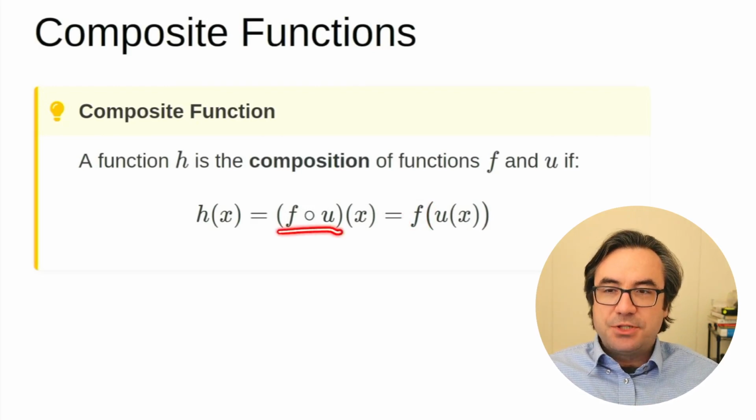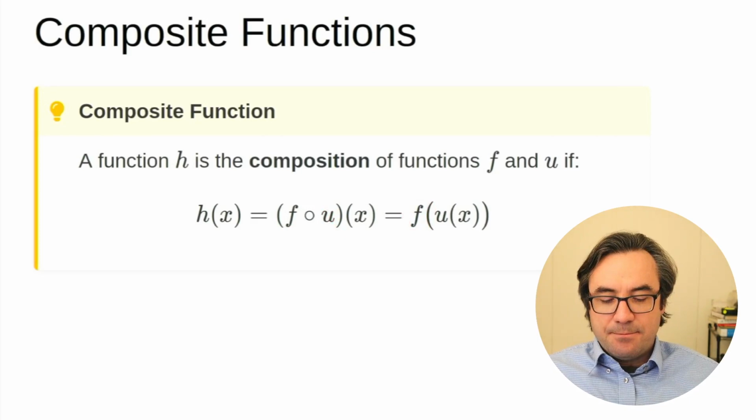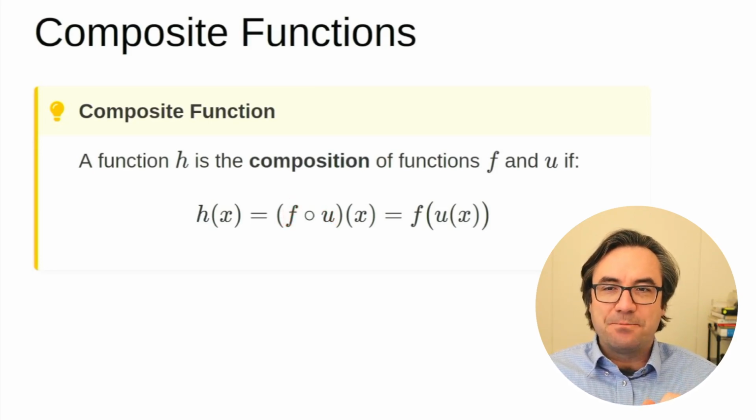So when we do a composition, the function we plug into first is written here, and then the function we plug into last is written here. So the order's a little odd there.